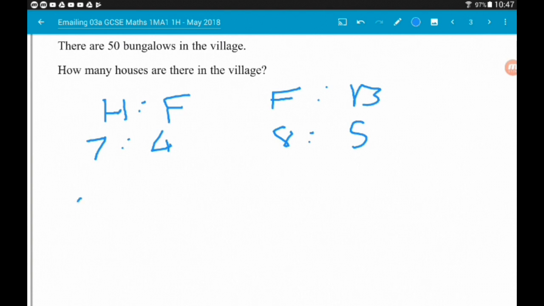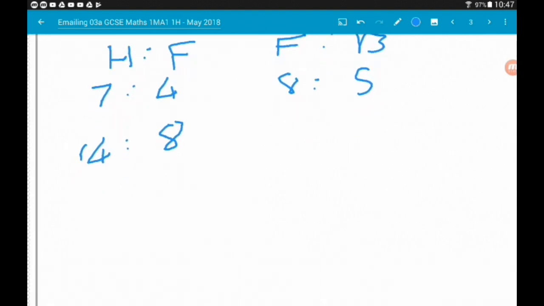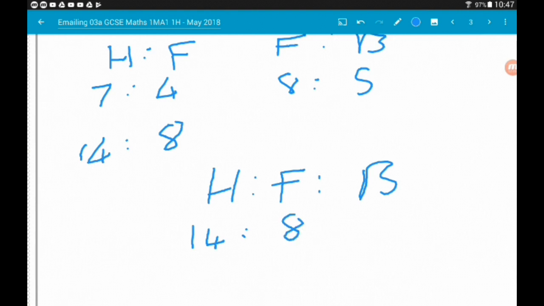That gives us 14 to 8. So for every 8 flats, there are 14 houses, and for every 8 flats, there are 5 bungalows. We can now write this as a single ratio, houses to flats to bungalows is 14 to 8 to 5.